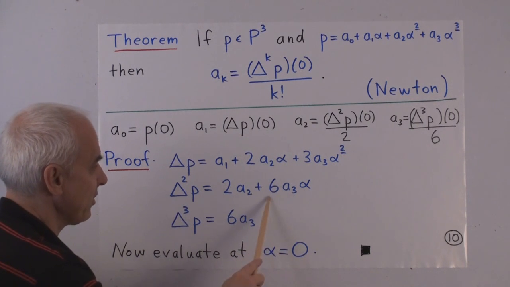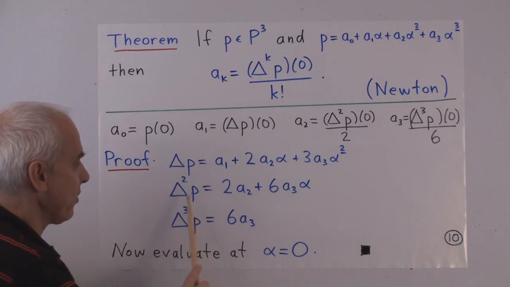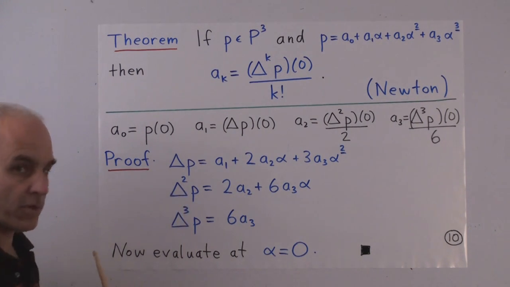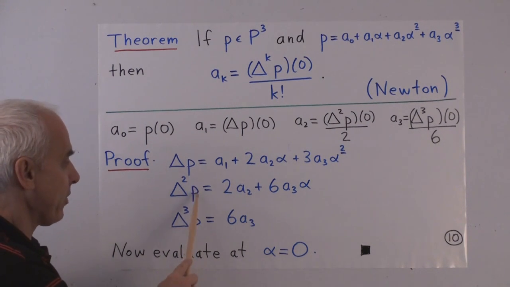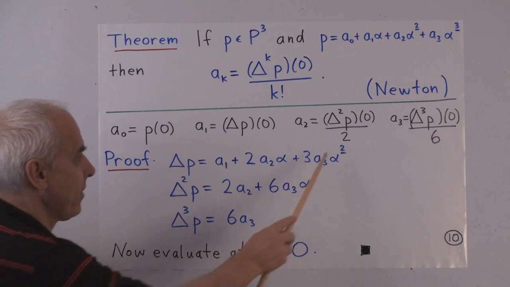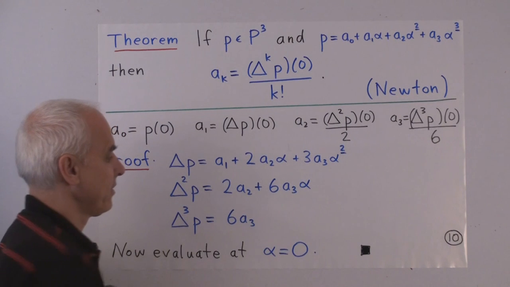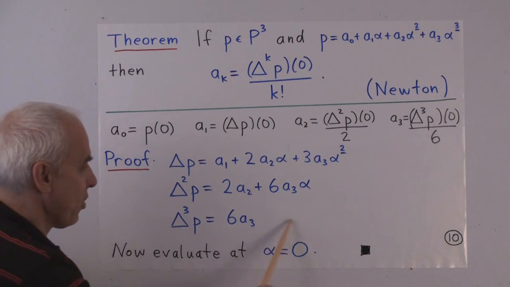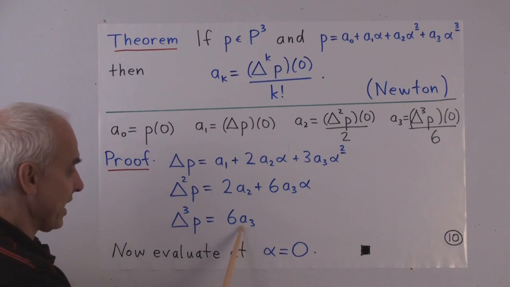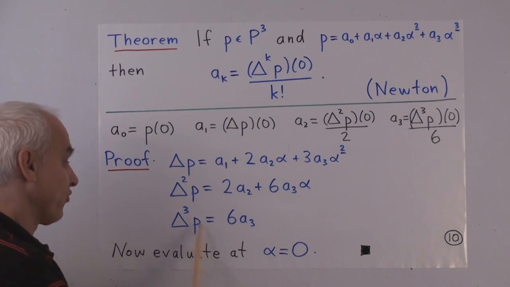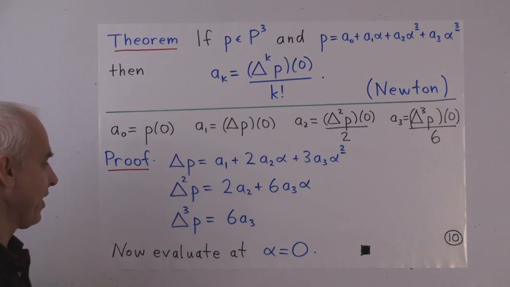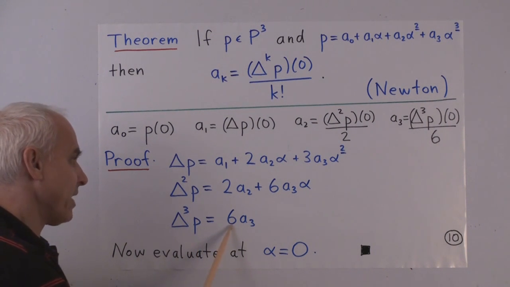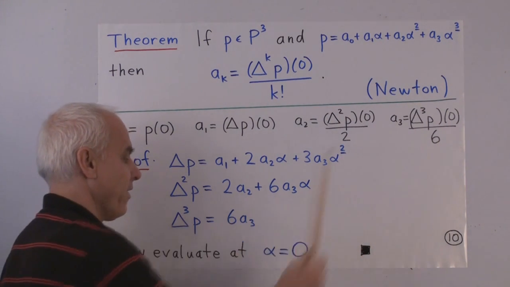Then that disappears, and we get A2 equals the second forward difference of p evaluated at 0 divided by 2. That's that formula there. And plug it into here. Well, there's no alpha on this side, so we just get A3 equals the triple forward difference evaluated at 0 divided by 6. That's our formula there.